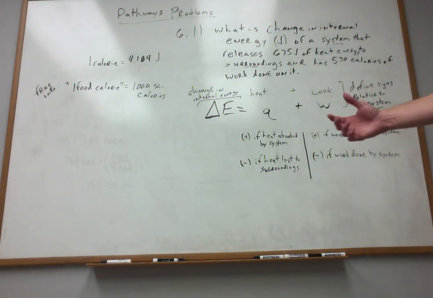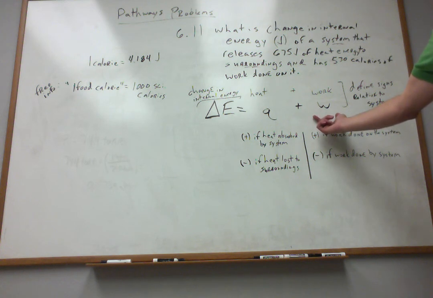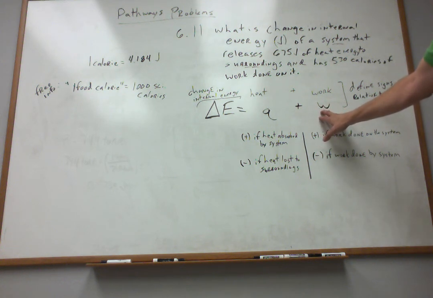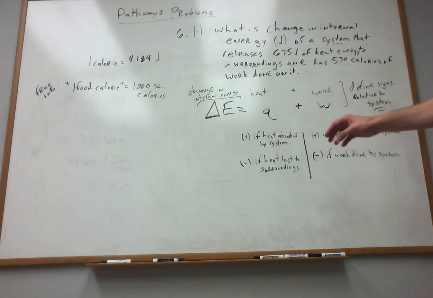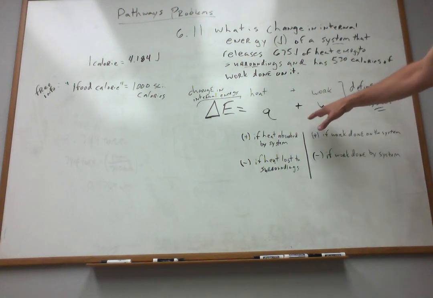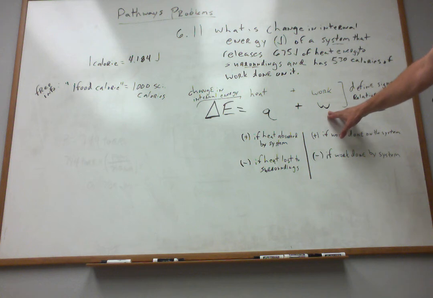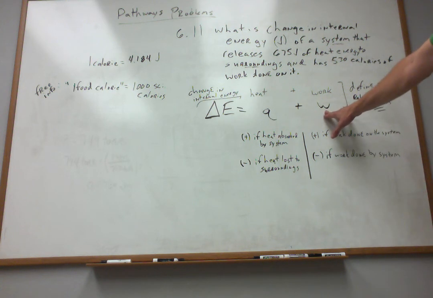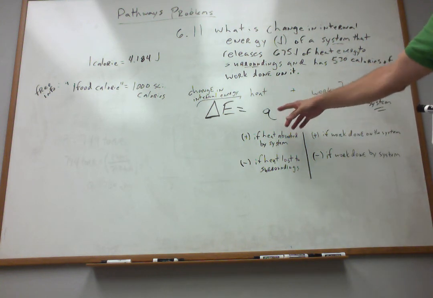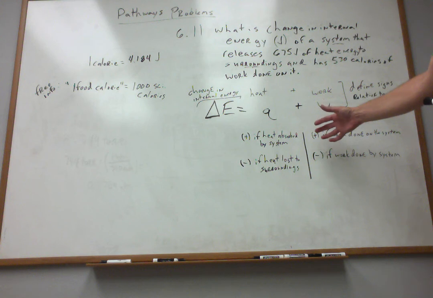Now, the other way that internal energy can change is work. Just like the system can release heat energy or absorb heat energy, our chemical reactor system can have work done on the system, or it can have work done by the system. Okay, so that's another way that internal energy can change.